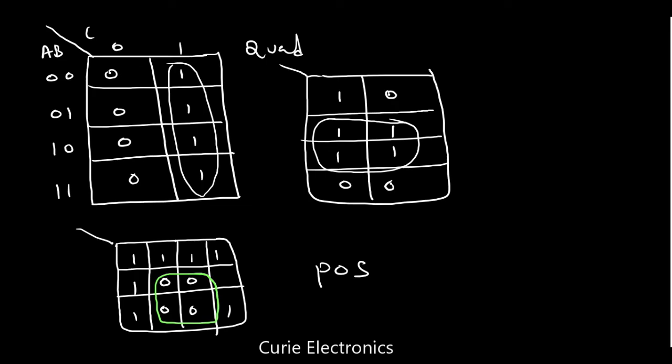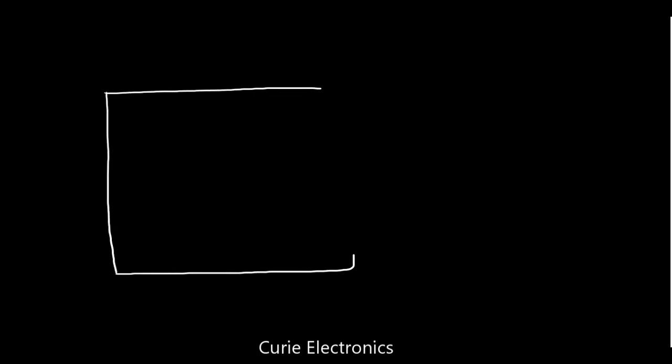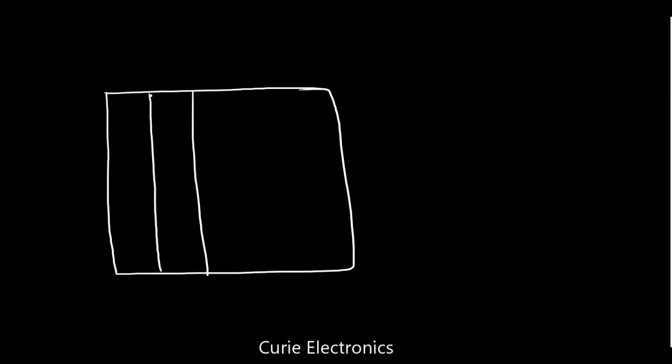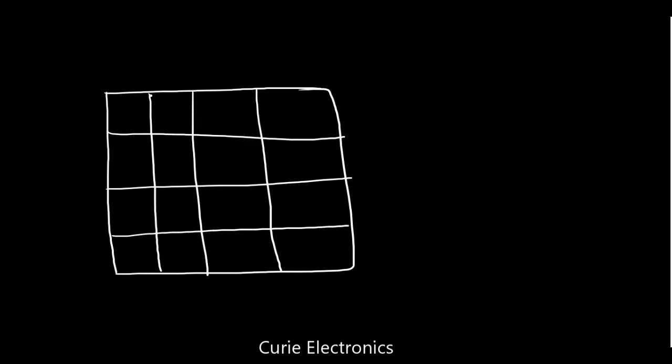Well, let's see one more. What about the octet? Octet means what happens? In octet, 8 ones we can group it, or 8 zeros.